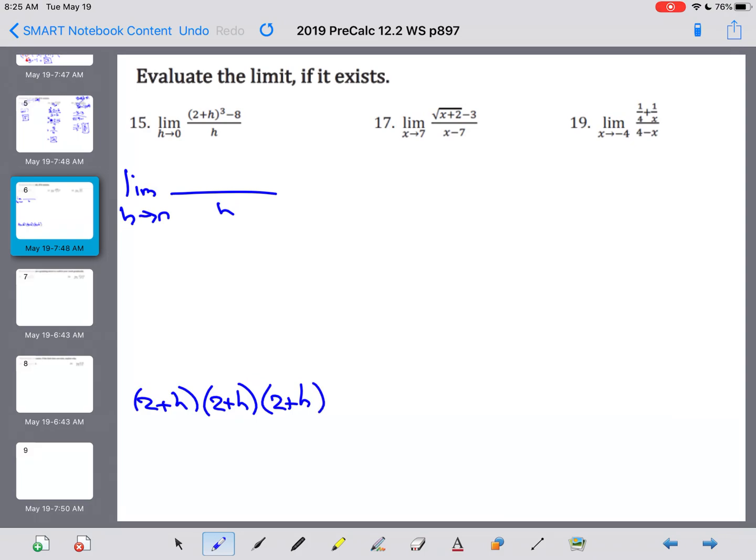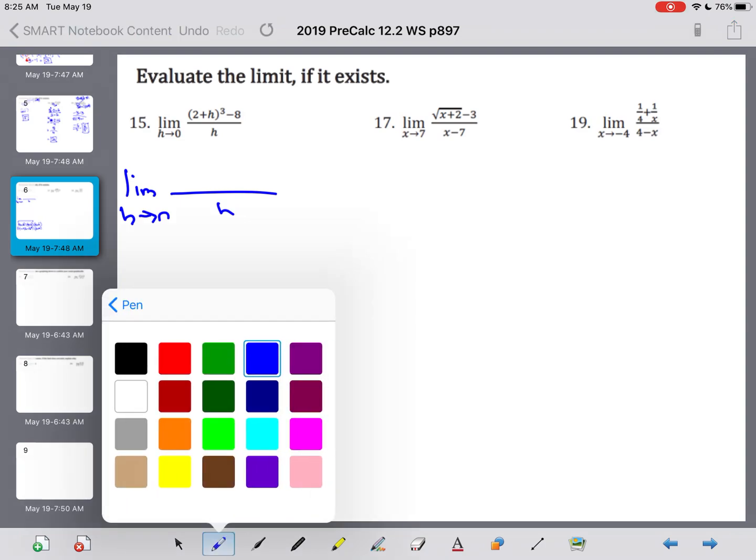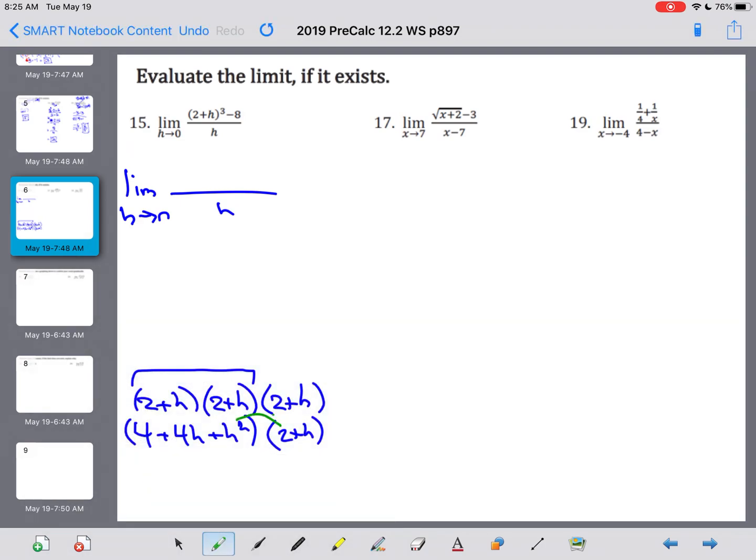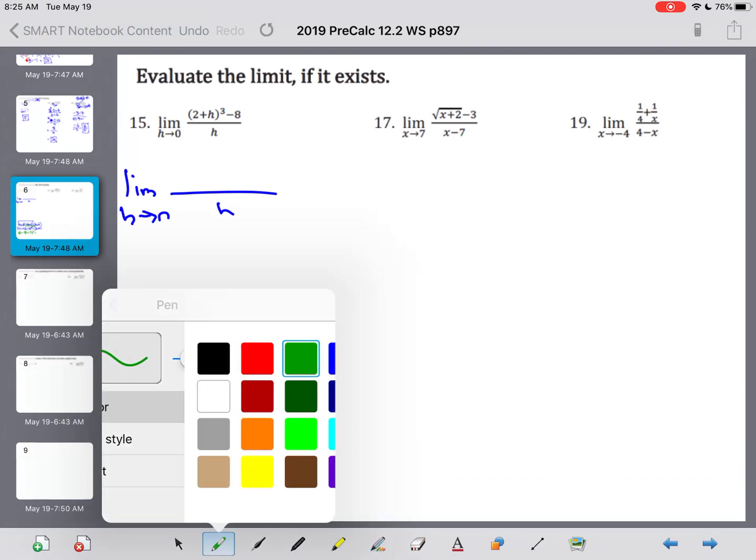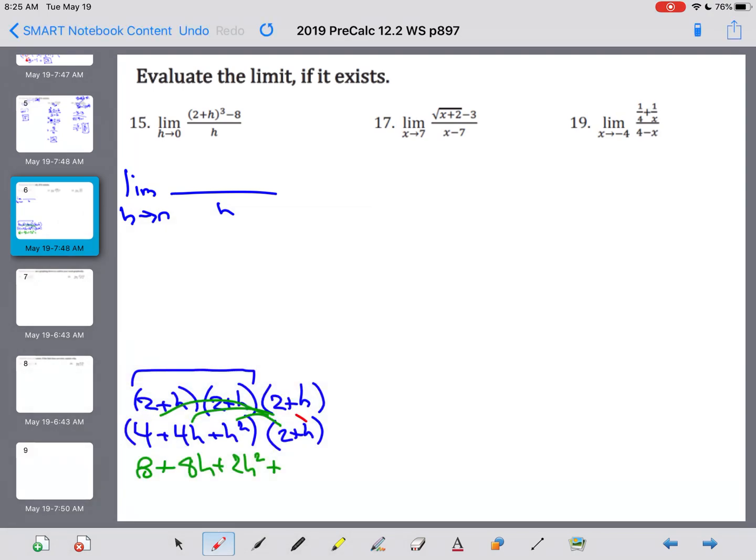Okay, so if I go ahead and do these two first, I get 4 plus 4h plus h squared. And then I still have this 2 plus h. Now if I go ahead and distribute, so I take the 2 and the 2 and the 2, I get 8 plus 8h plus 2h squared plus, if I distribute this, I get 4h plus 4h squared plus h cubed.